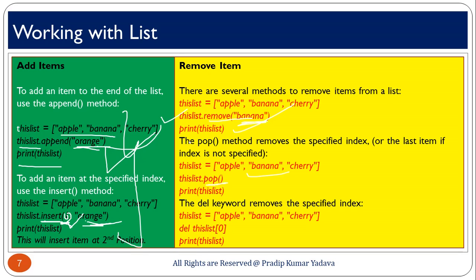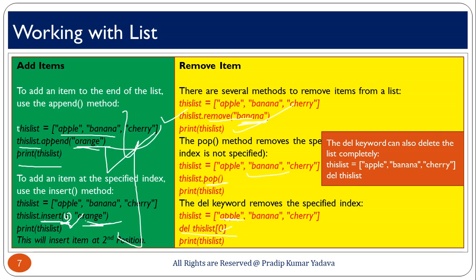Okay. Also, we have the del keyword, and with the del keyword you have to pass the index of the item you want to remove from your list. So, here you can see del this list and just pass 0, meaning we are talking about apple. Apple will be removed from this list. So, this is the process of how you can remove an item from a list.